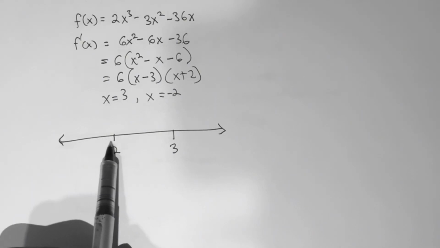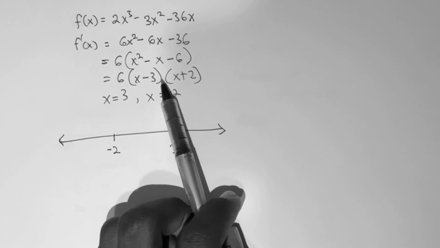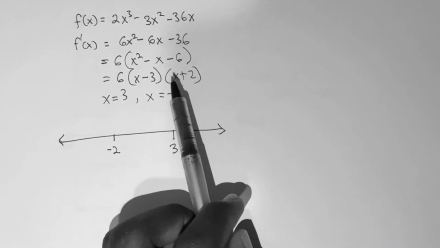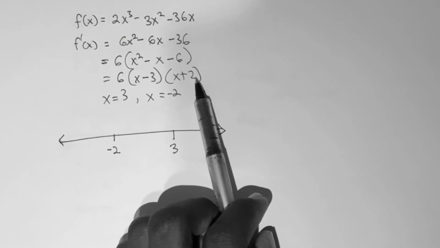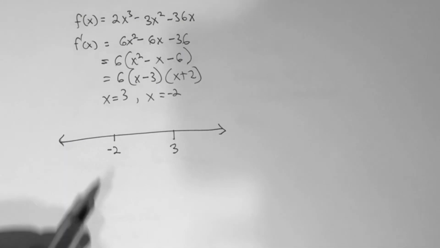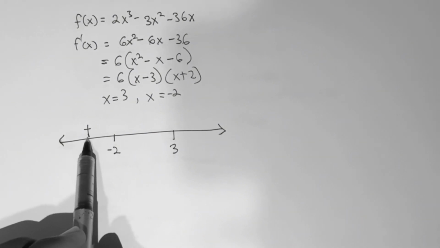Let's assume minus 3. If you put minus 3 in this equation, minus 3 minus 3 is minus 6, and then minus 3 plus 2 is minus 1. So minus times minus is going to give positive. So this region is positive.